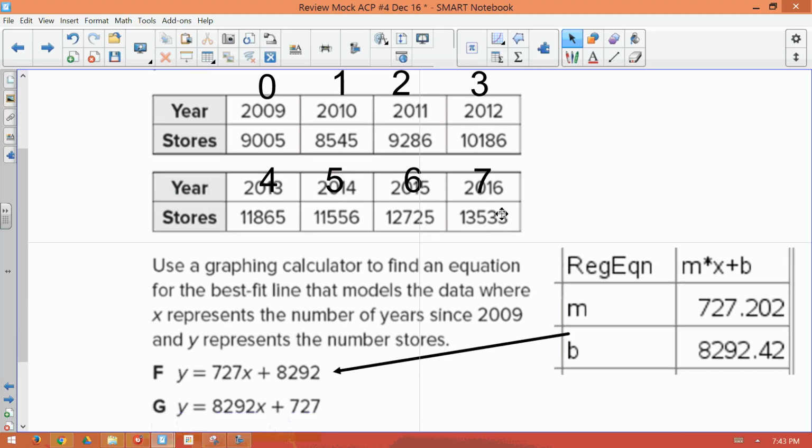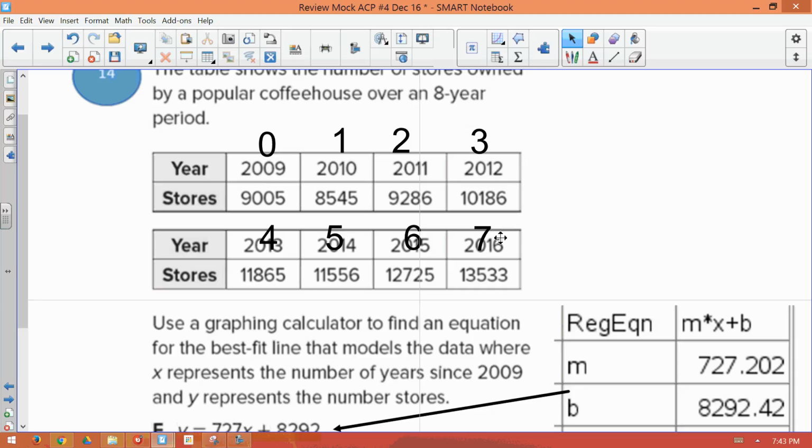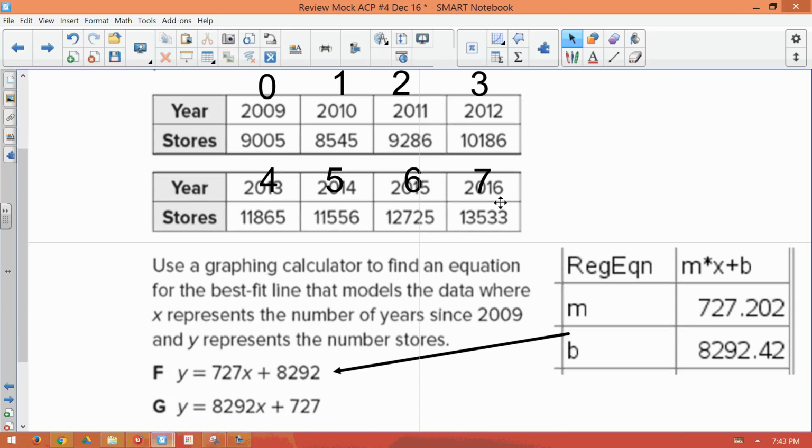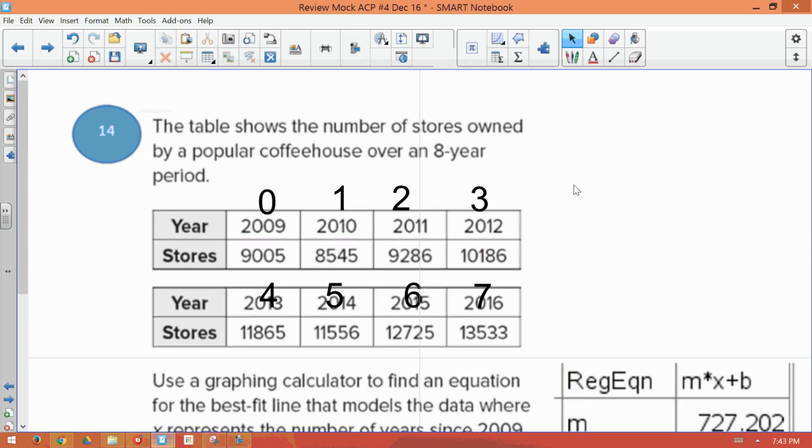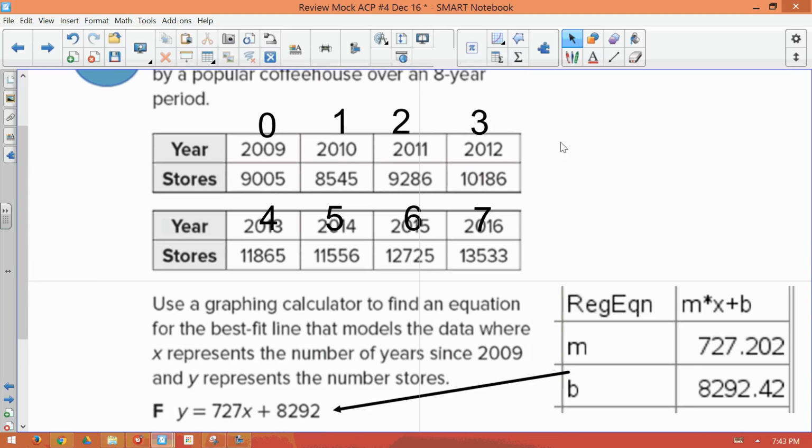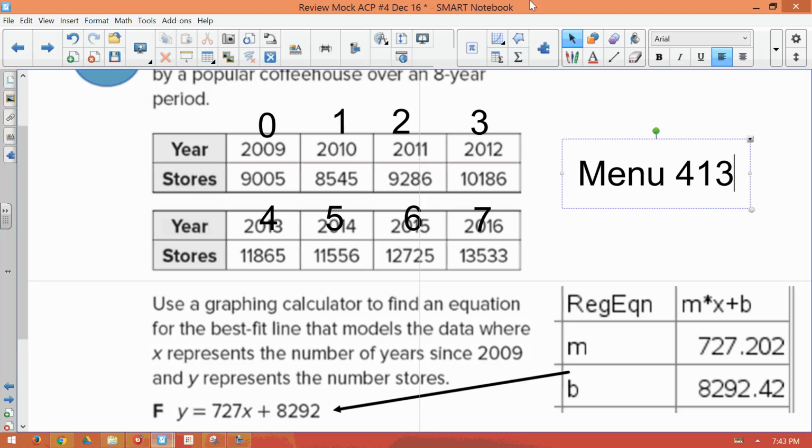So calculators know the difference. There's a separate video where I put this into lists and spreadsheet. I use menu 413 again, menu 413, and lists and spreadsheets.